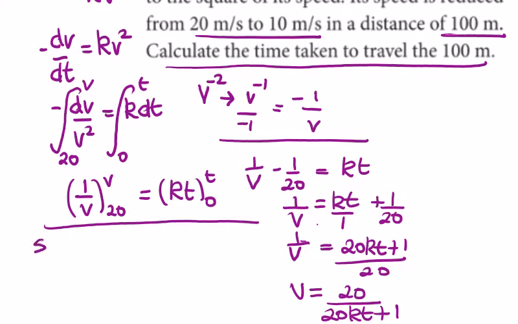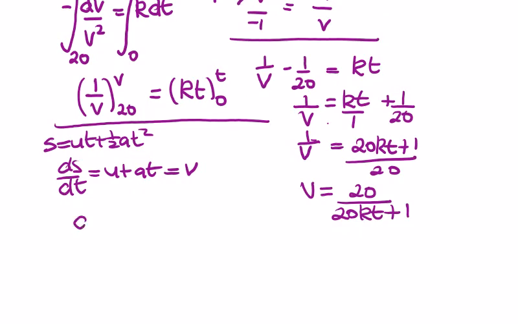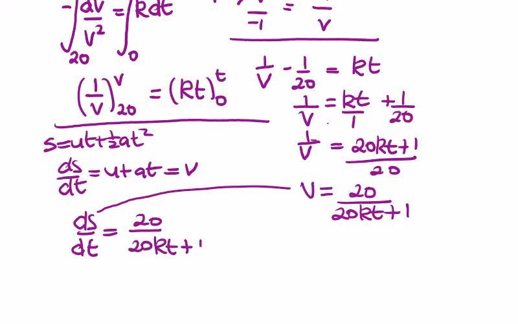So s is equal to ut plus a half at squared. ds/dt is equal to u plus at, which we know is velocity. So ds/dt will give us changing velocity into distance and time. ds/dt is equal to the velocity, 20 over 20kt plus 1.